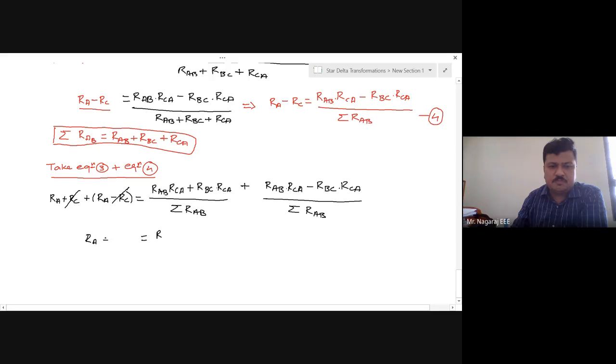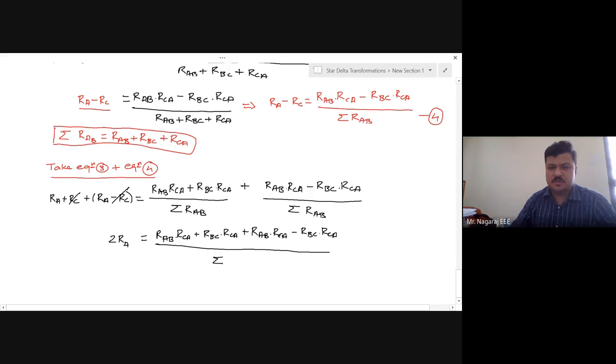It will be RA plus RA, or I will write this as 2 RA, sorry. 2 RA is equals to RAB RCA plus RBC into RCA plus RAB RCA minus RBC RCA, divided by, LCM is same, denominator is same, summation RAB.